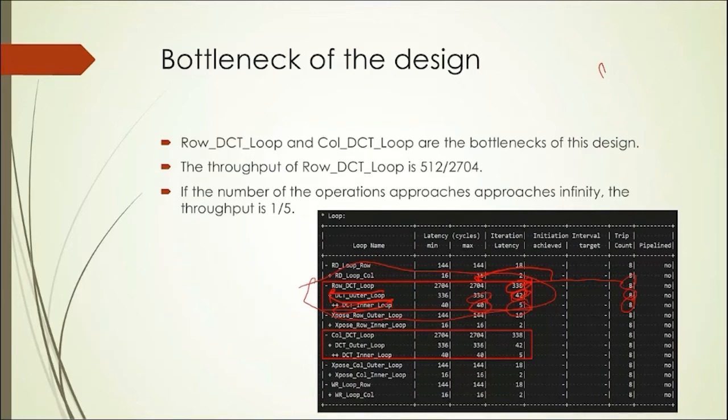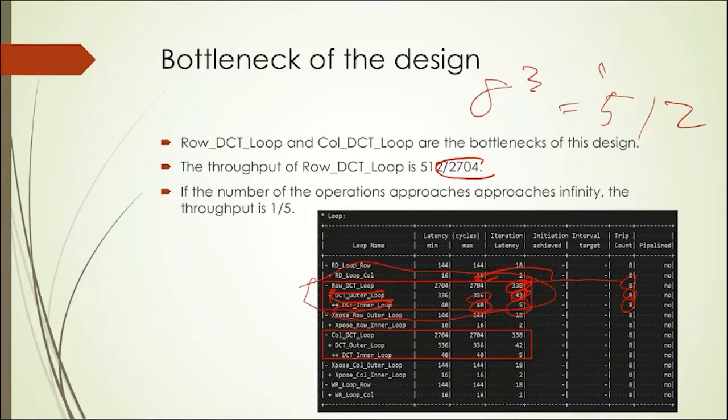So the entire operation is 512, because 8 to the power of 3 is 512, and we complete these 512 operations within 2,704 cycles. So the entire throughput is 512 over 2704.